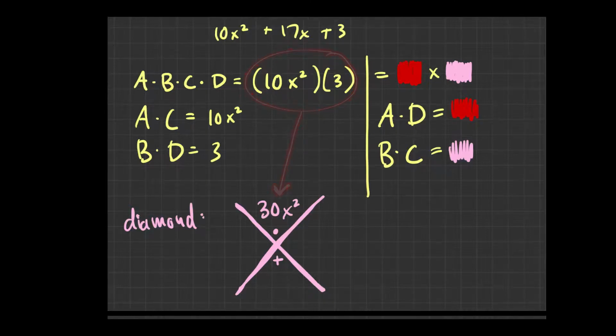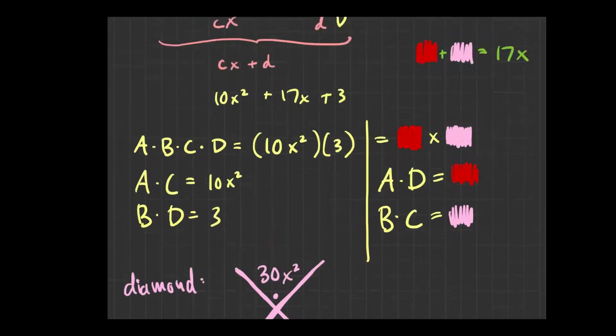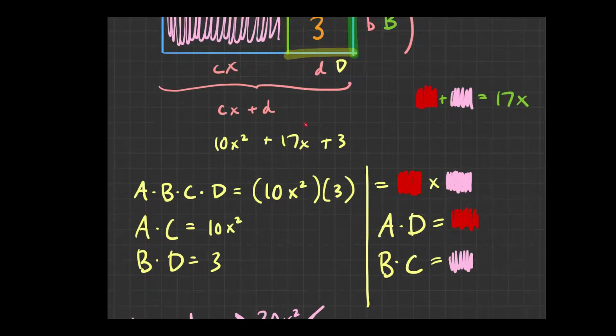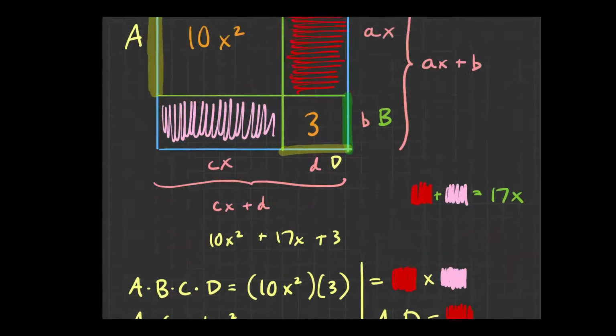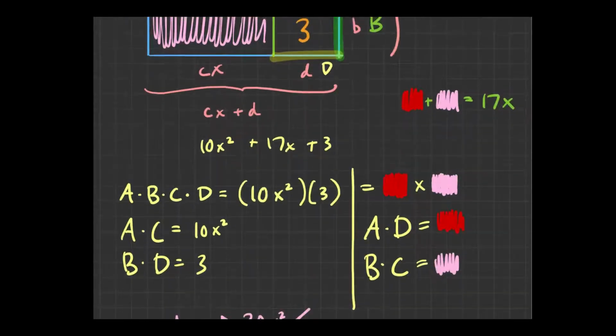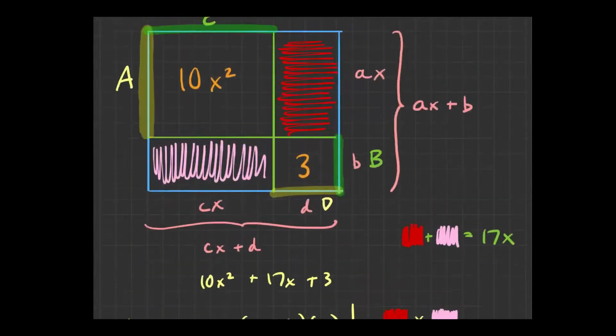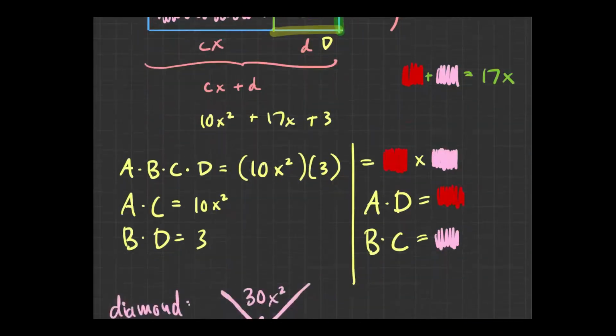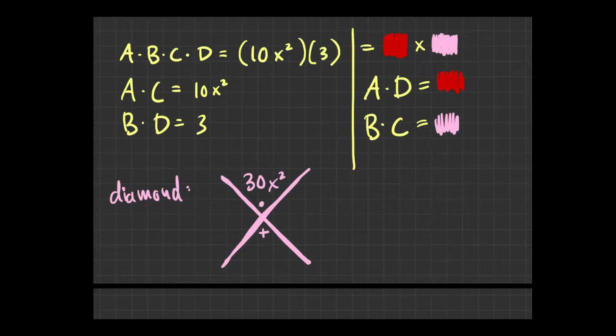However, when we add these numbers together, we want 17x. So we want what this area is plus this area. When I add the numbers together, I want the sum of these two areas. So that's going to be 17x. Our goal now is to find out what happens here.